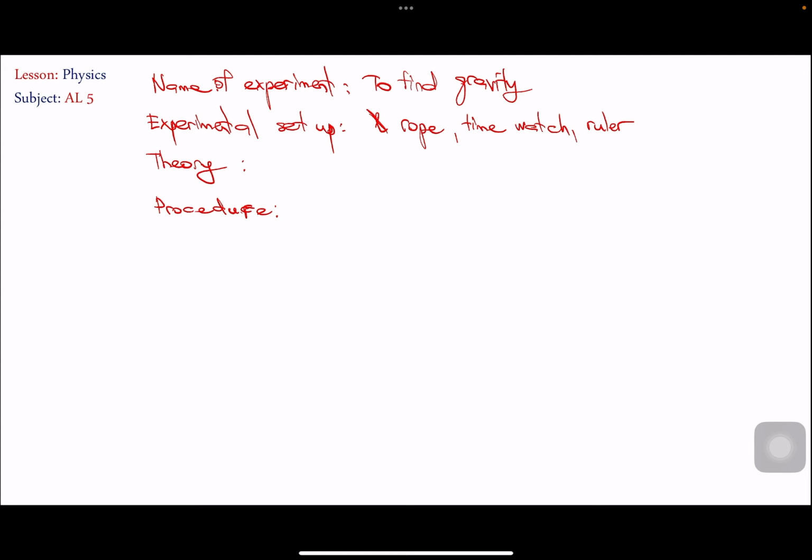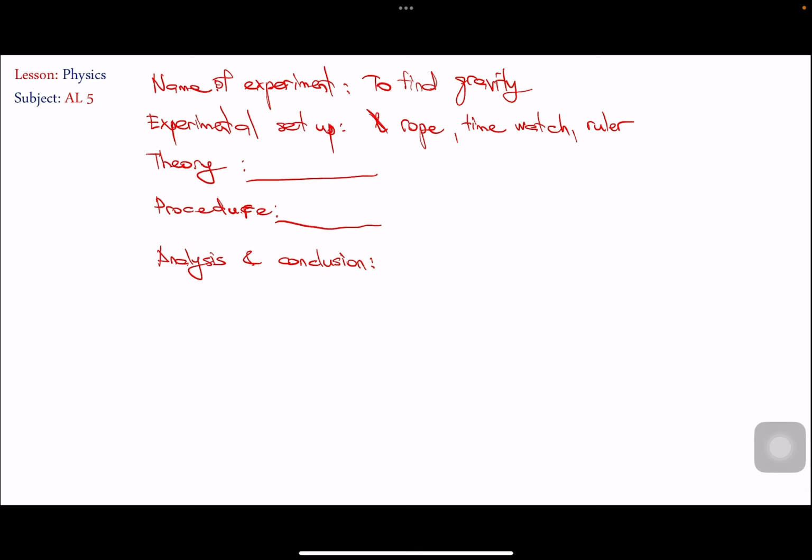Finally, write down the formula. Of course, you have to write the formula here. You have to write the theory, procedure, and then you have to write the analysis and conclusion for the thing that you've done.